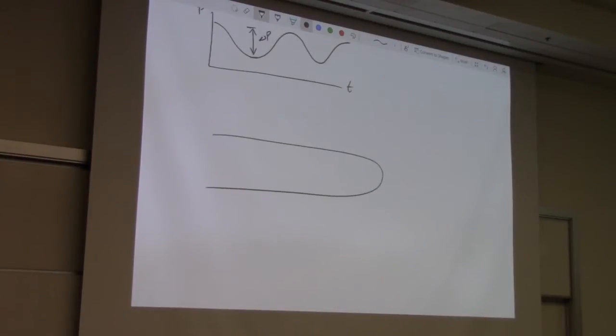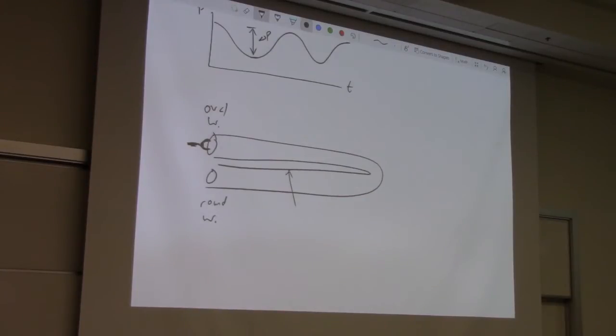If we unwrap this organ, which normally is spiraled in on itself about 2.5 times, so that we have the oval window on one side, the round window on the other, and remember that the last of the middle ear bones, the stapes, is connected to that oval window, and that's where the sound wave enters the cochlea.